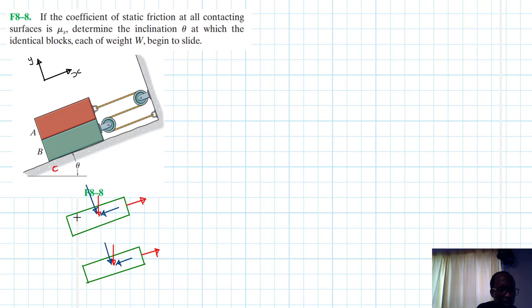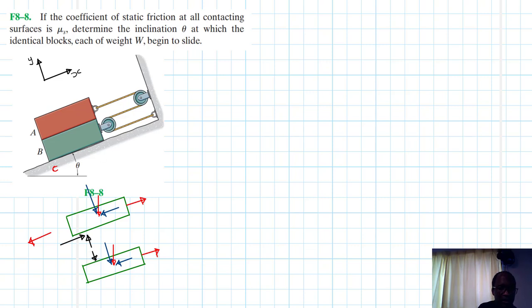Of course, the first case we said A will be moving in this direction. So if A moves in this direction, we expect friction to be in this direction like so, and then we'll have the normal force like so there. Alright, then the same normal force will be the same there.